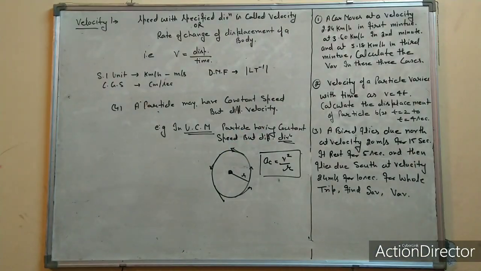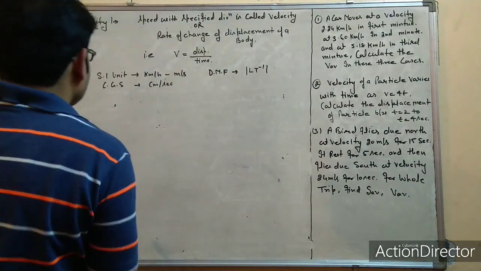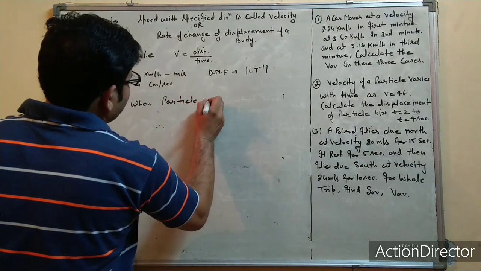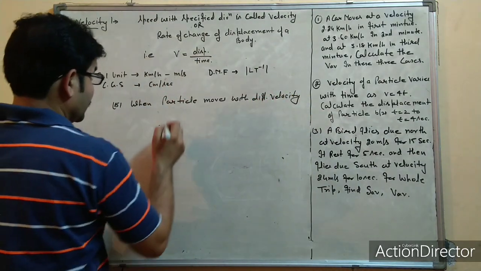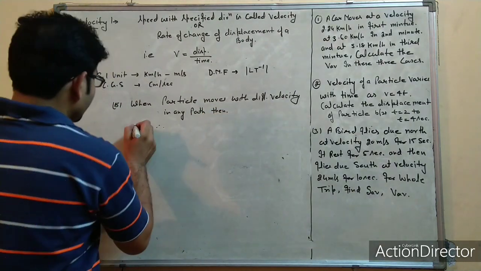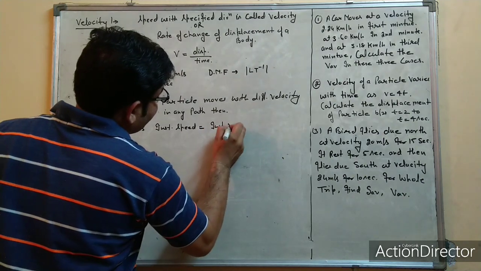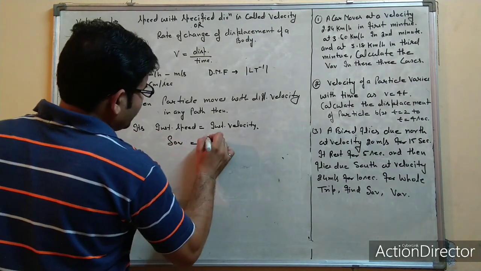Next, when a particle moves with different velocity in any path, then its instantaneous speed equals instantaneous velocity, and average speed equals average velocity.